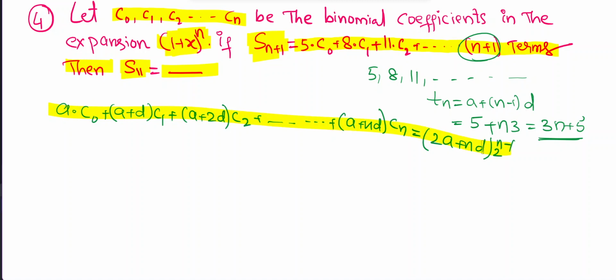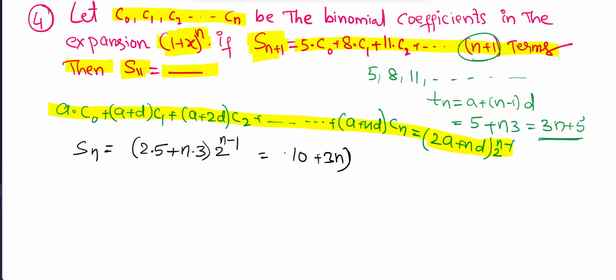So this total expansion is equal to 2A plus nD. This is 2 into A value 5, n into D, common difference is 3, into 2 to the power of n minus 1. So Sn is equal to 10 plus 3n into 2 to the power of n minus 1.